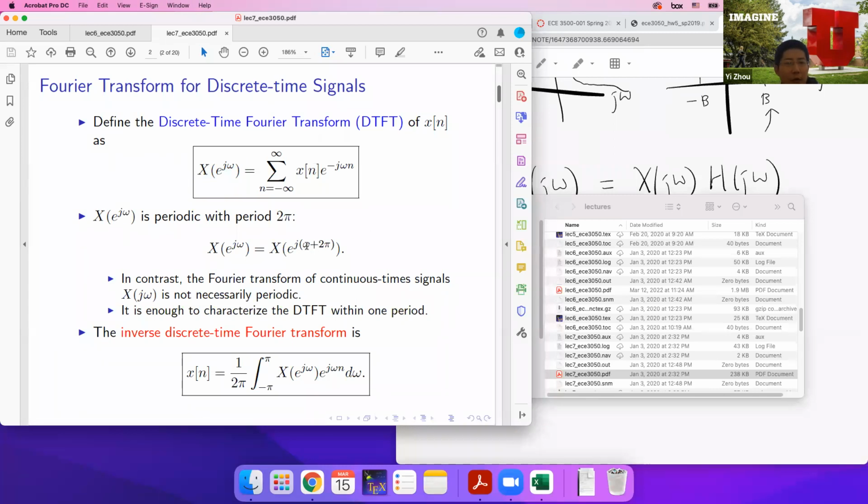Why? Because you plug in this additional 2 pi, right? So you will have an additional factor e to the power of negative j 2 pi n. And because n is an integer in the discrete time domain, e to the power of negative j 2 pi n is always 1.